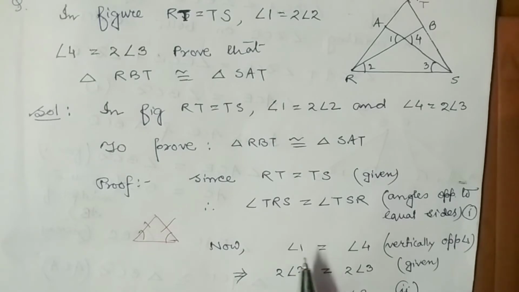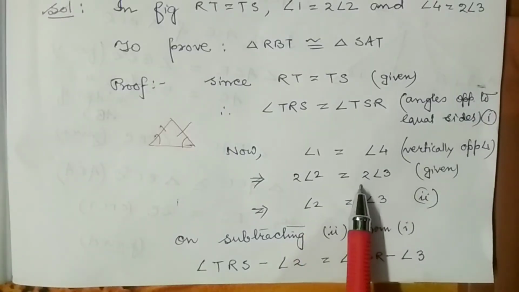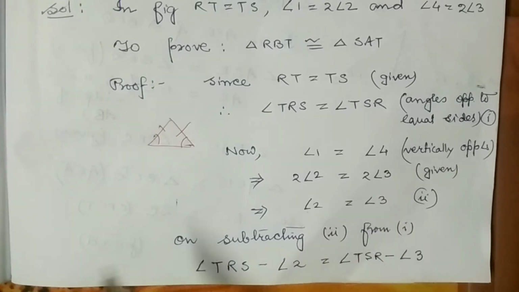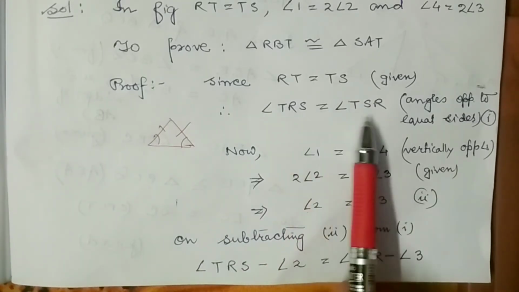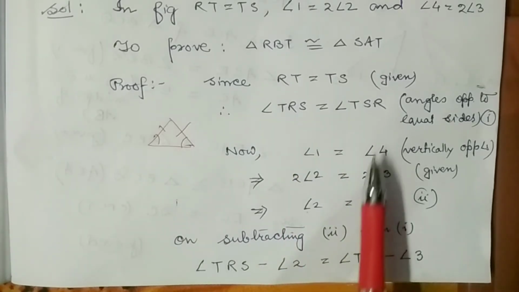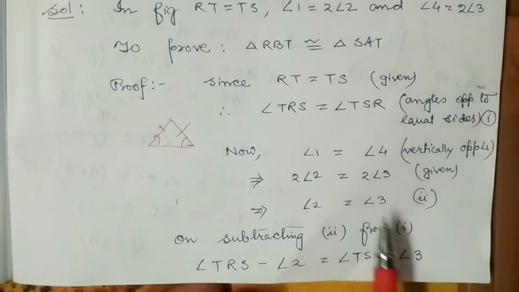So I can write twice angle 2 equals twice angle 3. On cancelling 2 from both the sides, we will get angle 2 equals angle 3. Now if we subtract angle 2 and angle 3 from these two, that means TRS minus angle 2 and TSR minus angle 3.